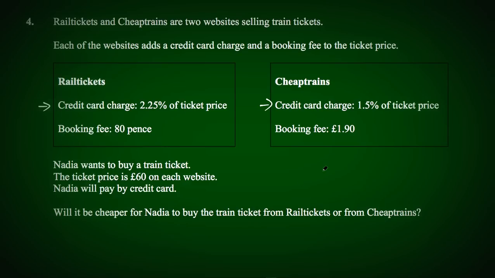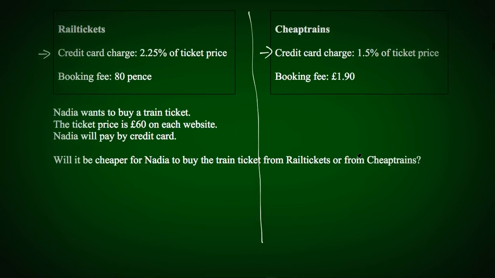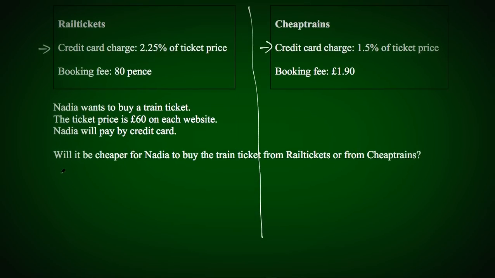So we're going to need to work out the total cost here. We've got the £60 ticket. I'm going to keep this division going through so that I can work on rail tickets here and cheap trains here. So £60 is the starting price, and I need 2.25% of that.